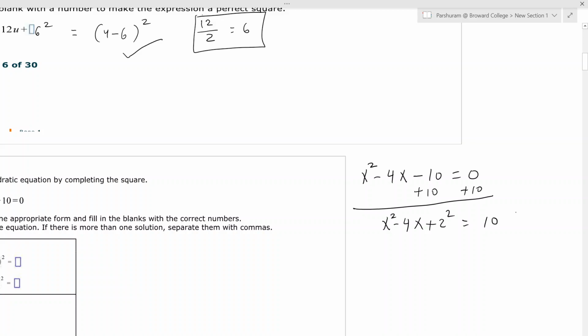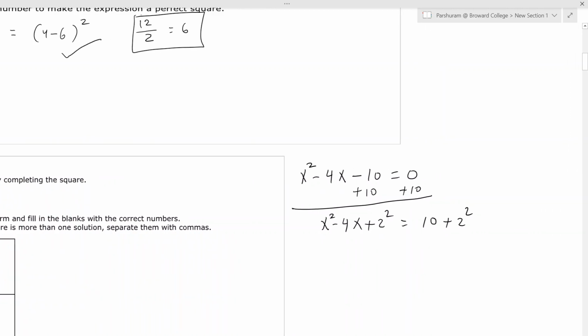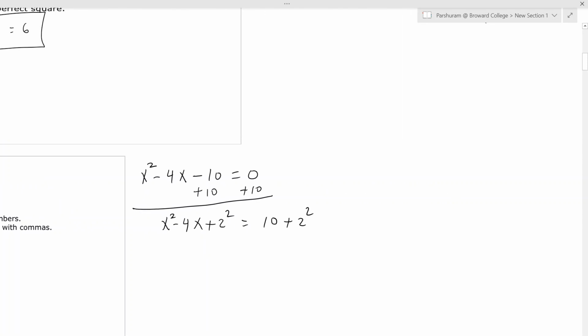But since this is an equation, I cannot add to just one side, I have to add to both sides. So I'm adding 4 to both sides. By doing that, on the left side I'm going to get the square of x minus 2, and on the right side it's 10 plus 4, which is 14. Okay, so now x minus 2 squared equals 14.